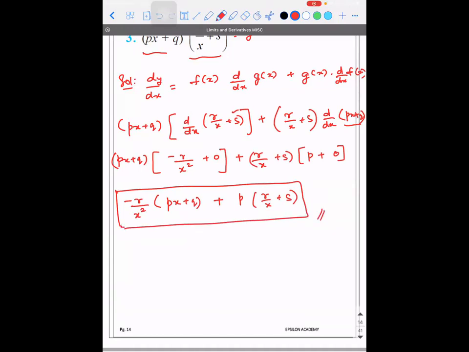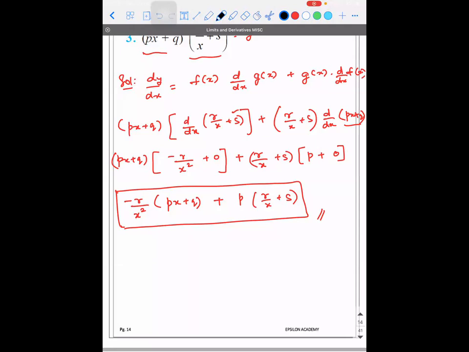Can you check the back answer and tell me? Given minus qr by x square plus ps.